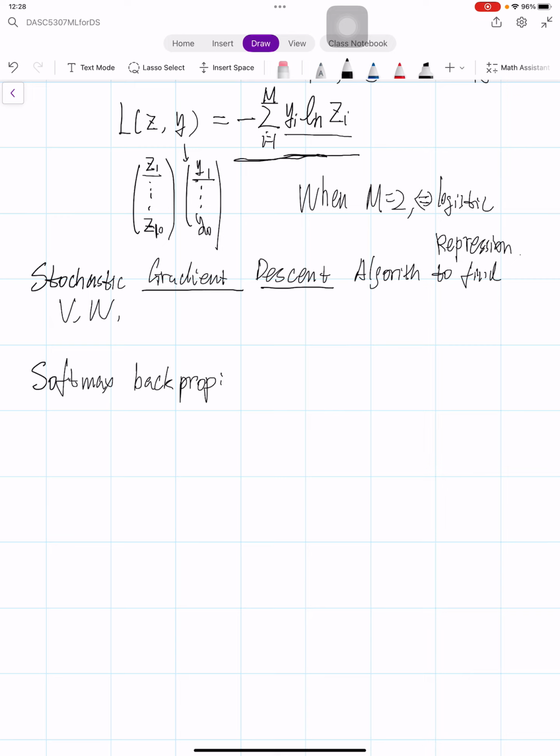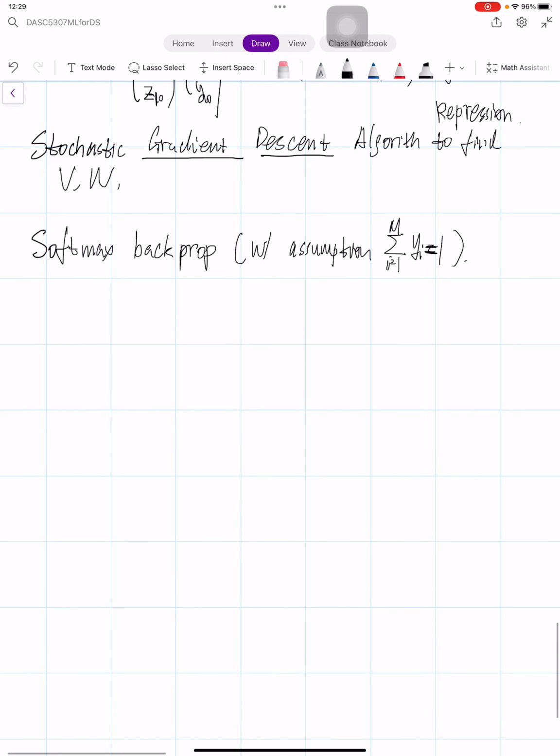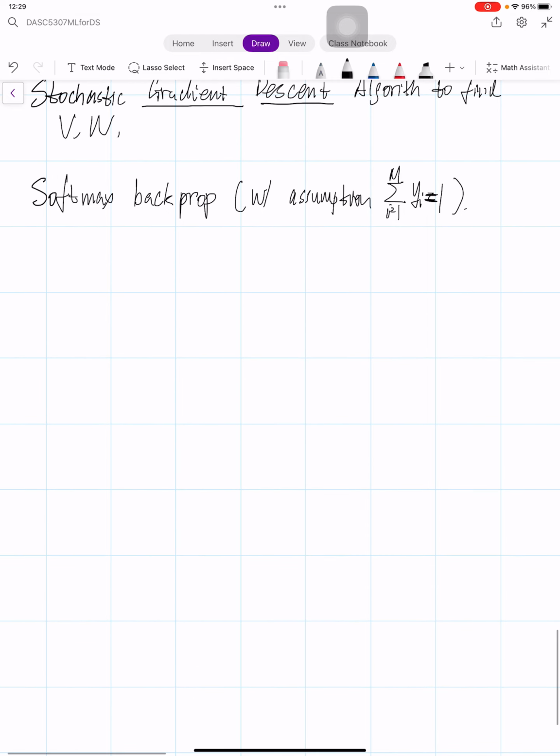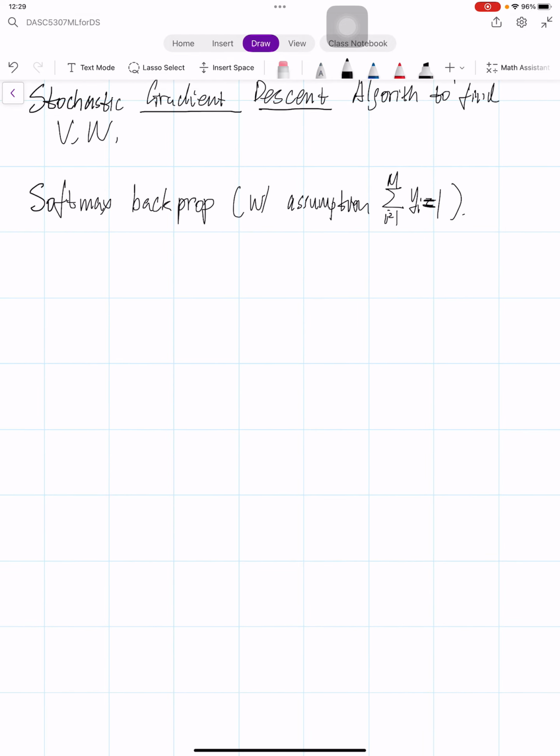In the following algorithm, we require the assumption that your labels added together should equal 1.